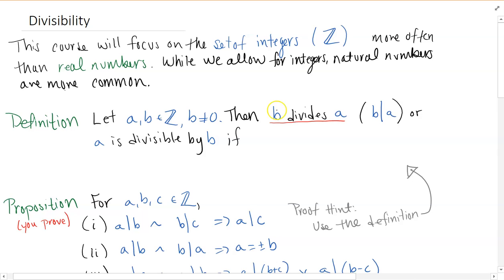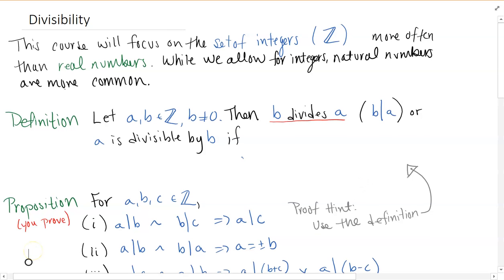Then our language here is that B divides A, and this is the symbol that we use to say that: B, and then this vertical bar, like an absolute value, divides A. Equivalently, we could say A is divisible by B, and this is going to be true if A is equal to B times C for some integer C. There we go. Then, this is just how we talk about divisibility in number theory.